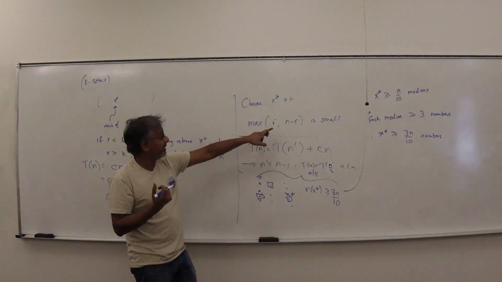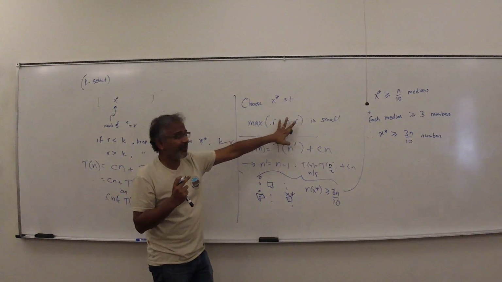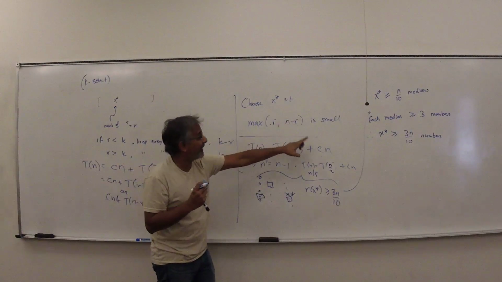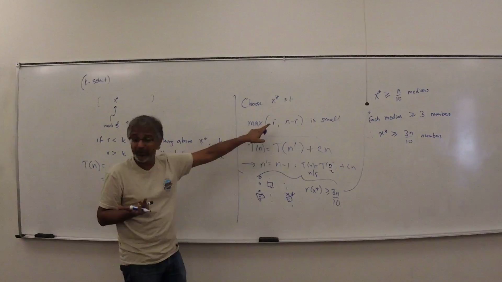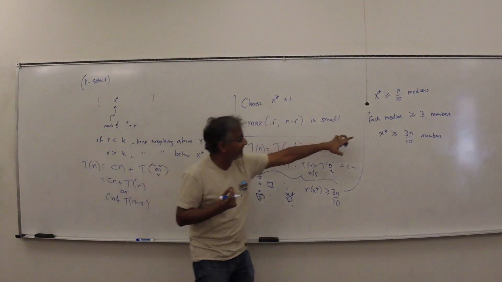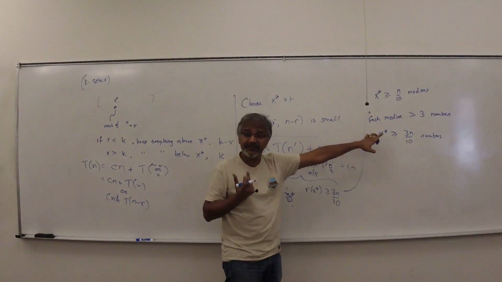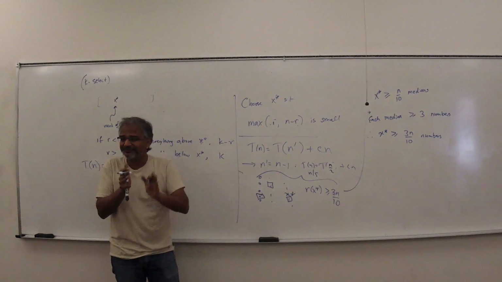That means n over R is small. But that's not enough, right? Because if R is too big, then we're taking the max of these two things, and that will not be good for us. So not only do we need to say that the rank of x star is big, we need to say it's not too big, somewhere in the middle.